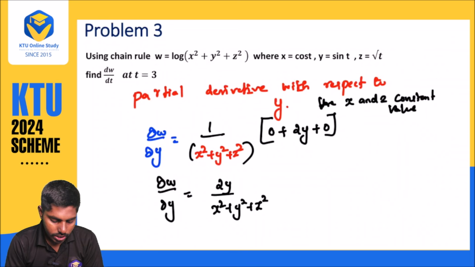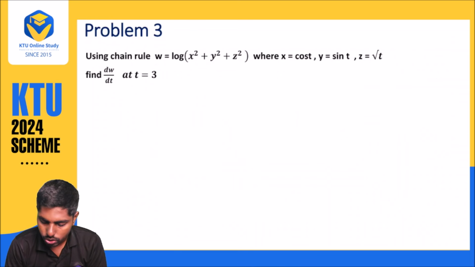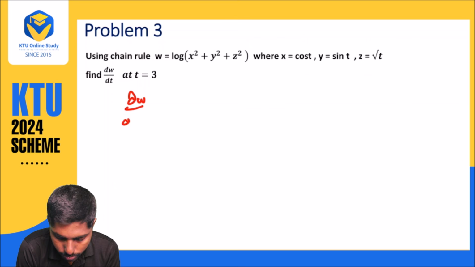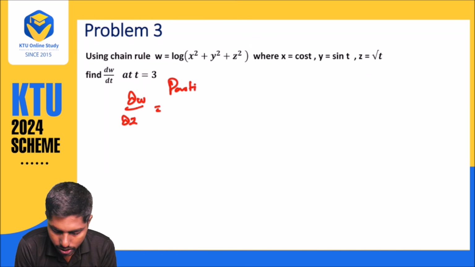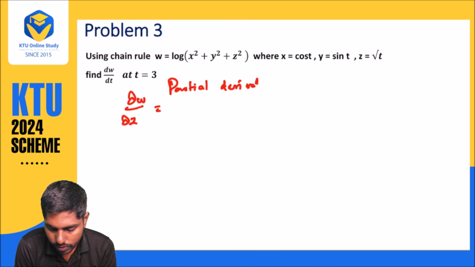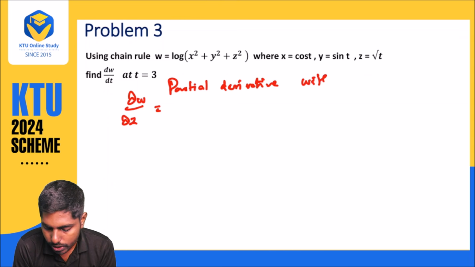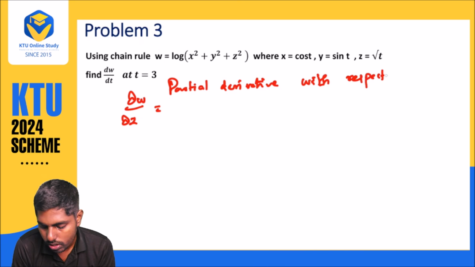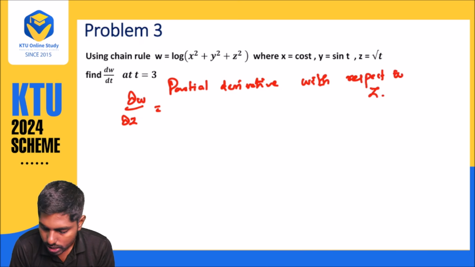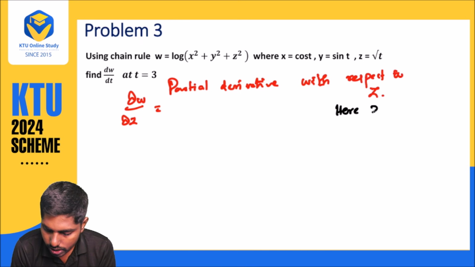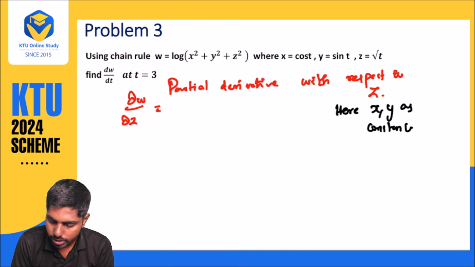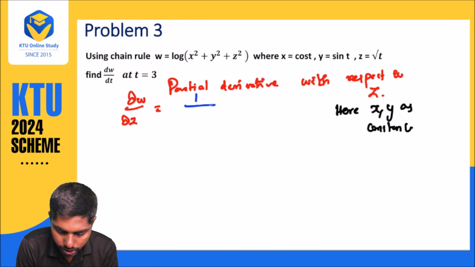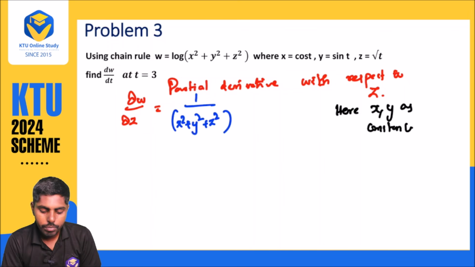Now the next thing is ∂w/∂z, which we want to identify. Same concept: the partial derivative with respect to z, treating x, y as constants. First complete the bracket: 1 divided by (x² + y² + z²). Why am I writing 1 divided by?